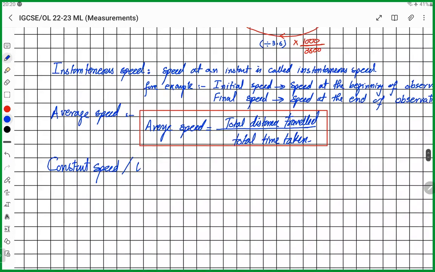Constant speed is also known as uniform speed.